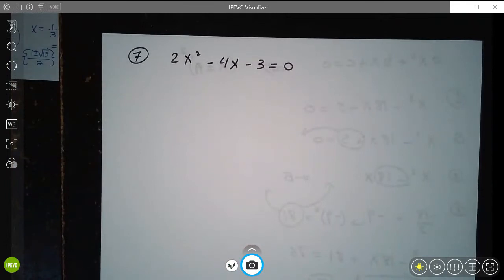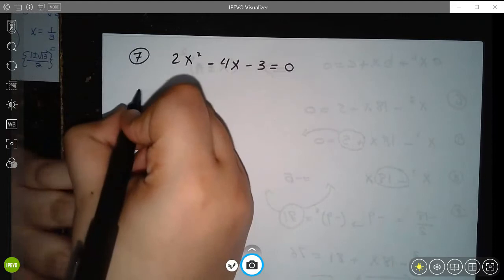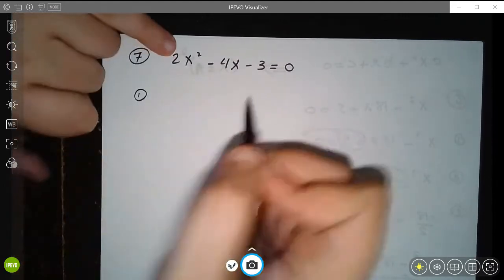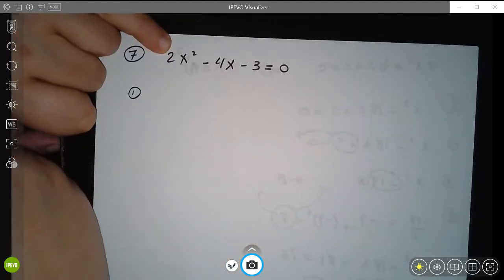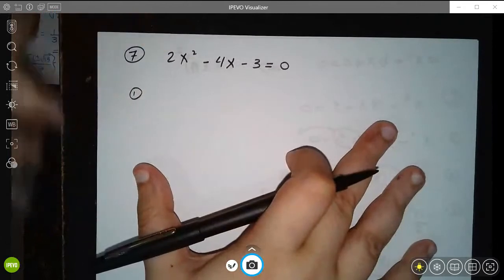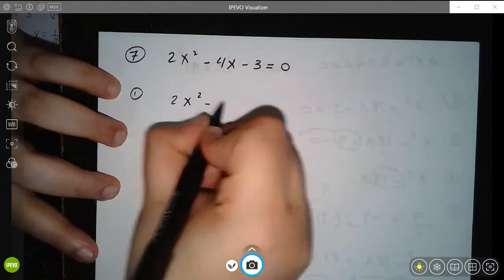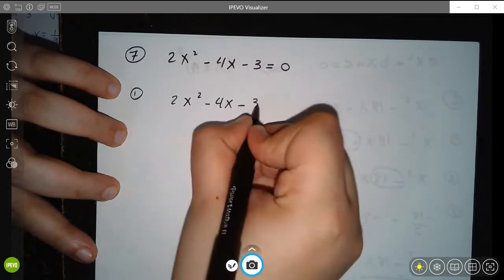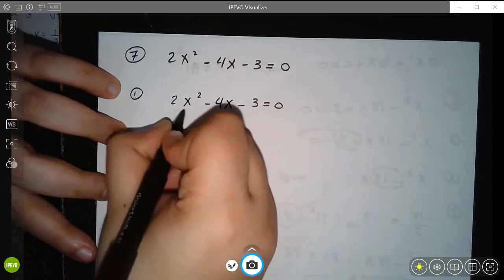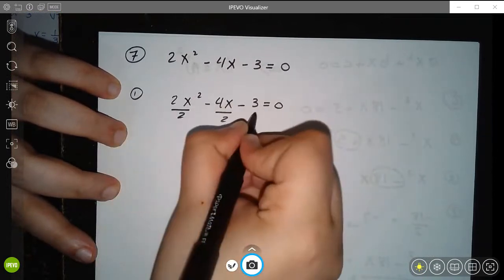All right. Now, step 1. Make sure the coefficient of x squared is 1. So since it's obviously not, what I'm going to do is write the entire equation over here and then divide everything by 2.